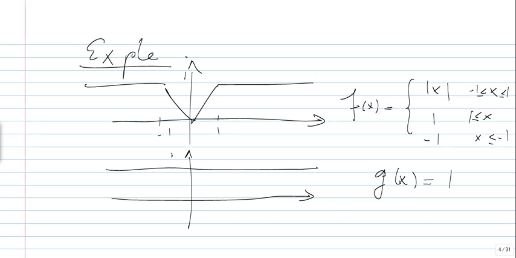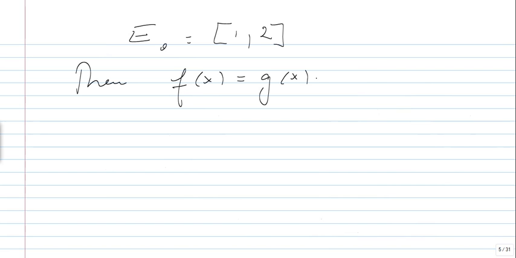Of course we need the set E. Set E will be 0 union the interval 1, 2, or whatever. It doesn't matter; we can take 1, 2, or 1, 3, or 1 to infinity. It makes no difference whatsoever. If we take E0 equal to 1, 2, then we have f of x equals g of x for x in E0.